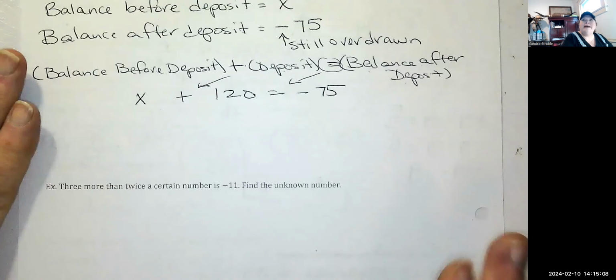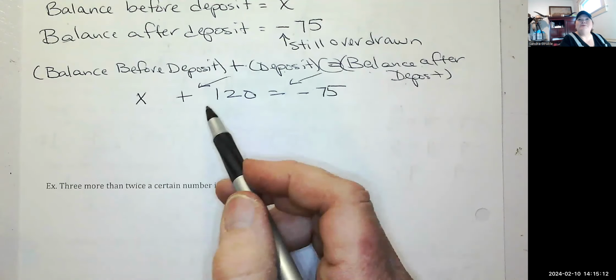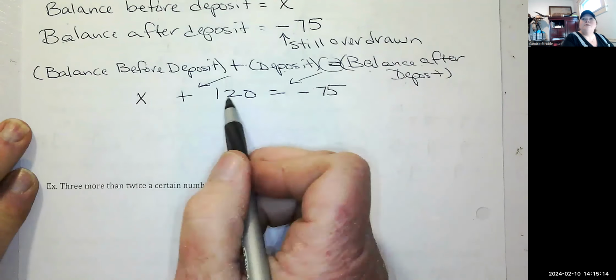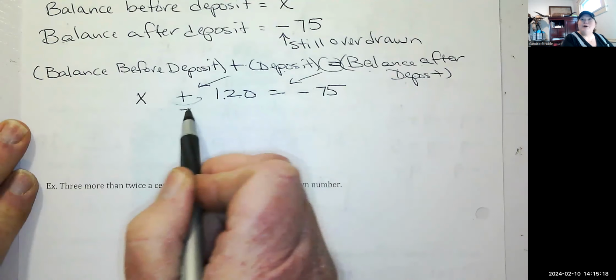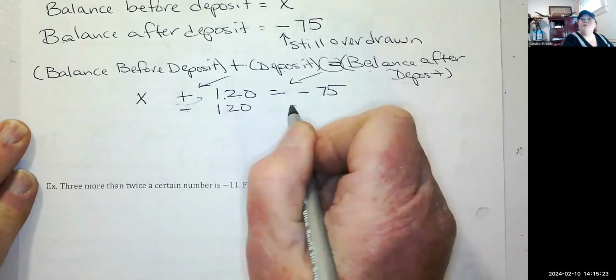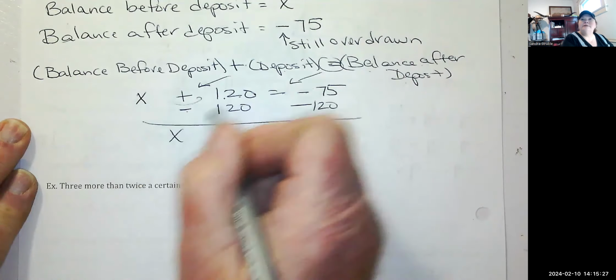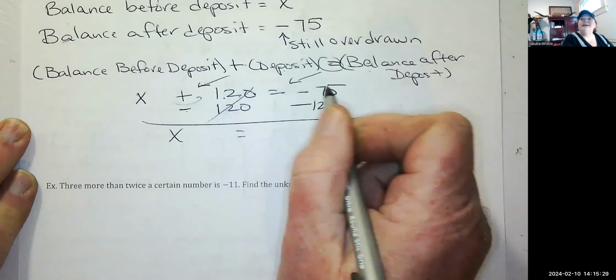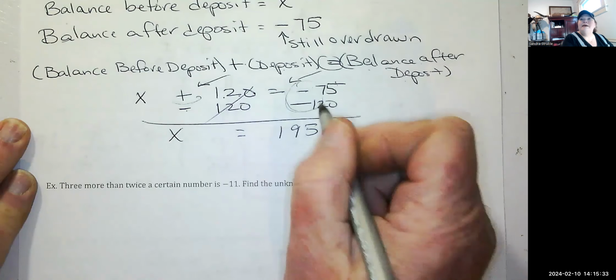All right, so now who's attached to X and how? We need to know what is the balance before deposit. That's the question. 120 is attached by addition. The opposite of addition is subtraction. So we're going to subtract 120 from this side. What we do to one side, we have to do to the other. And we get X is equal to, the signs are the same, so we add them and keep the sign.